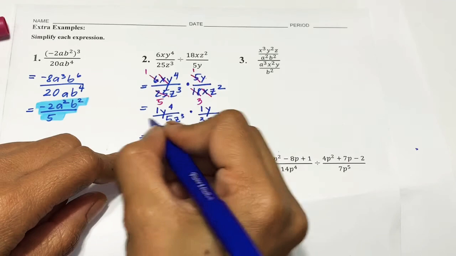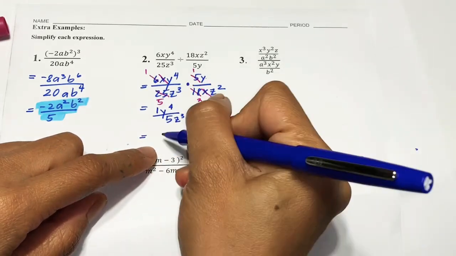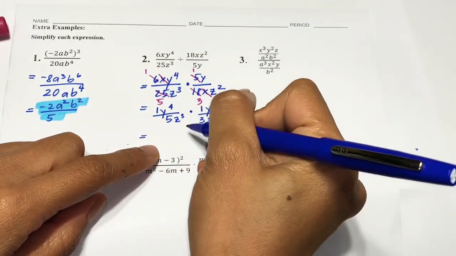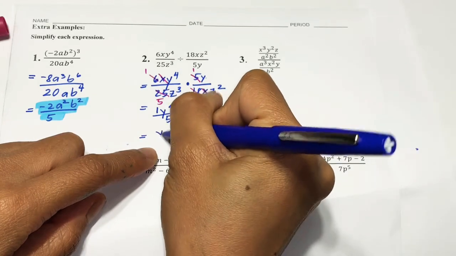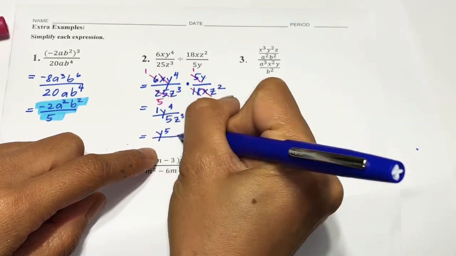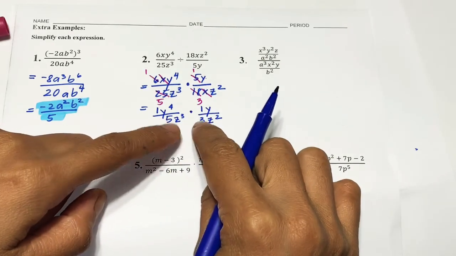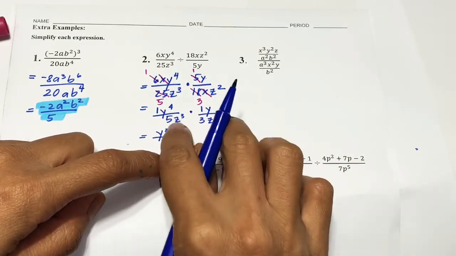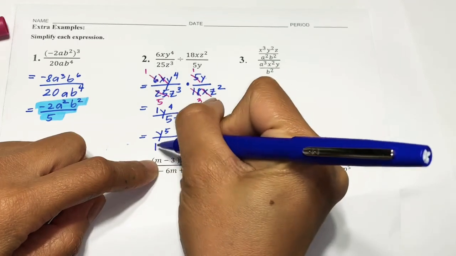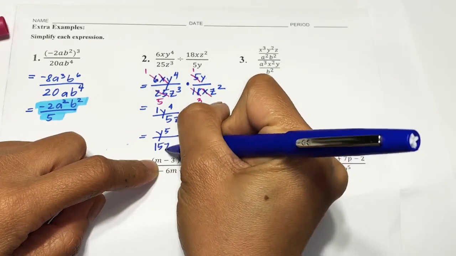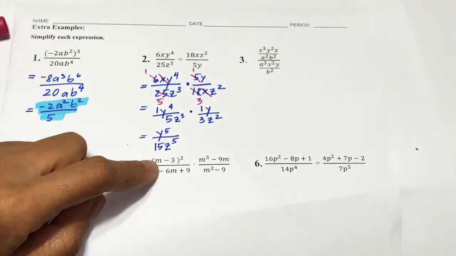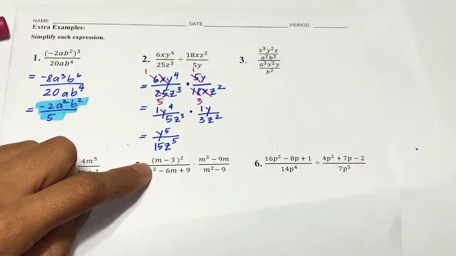Then you multiply straight across. 1 times 1 is 1. If it's 1, it's not necessary to write. So that's y to the 5th over 5 times 3 is 15z to the 5th. Same base, you add the powers. Make sure my answer is good. So that's good.